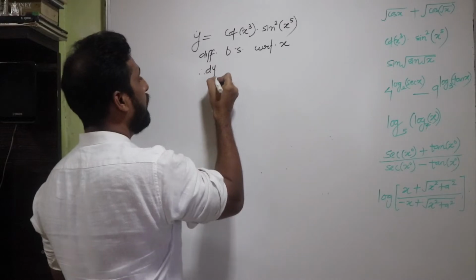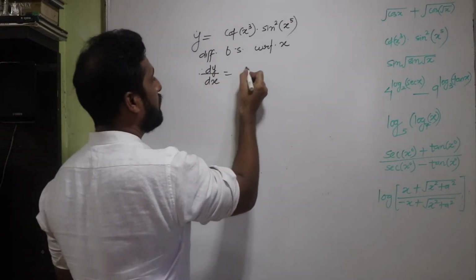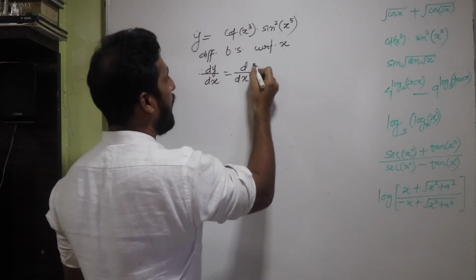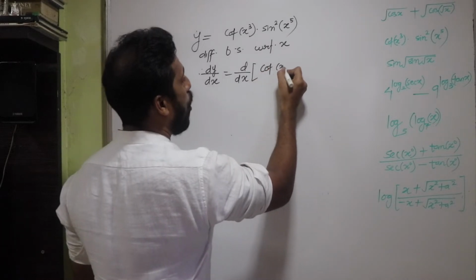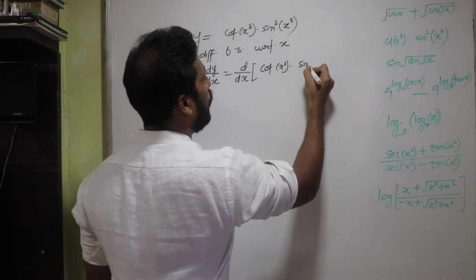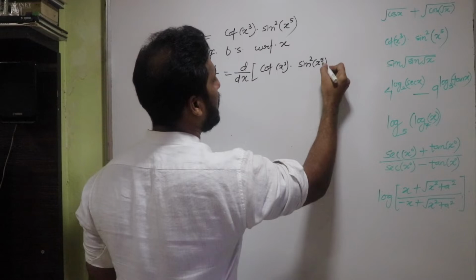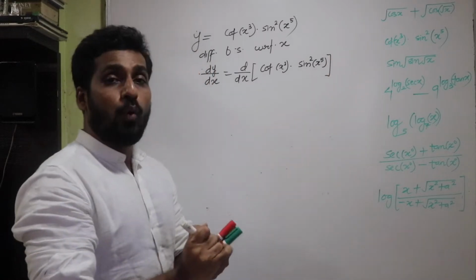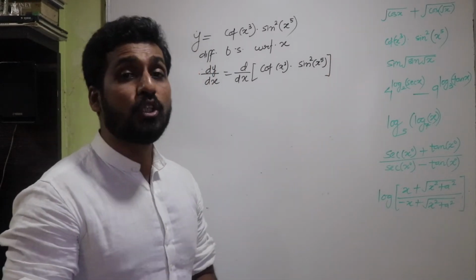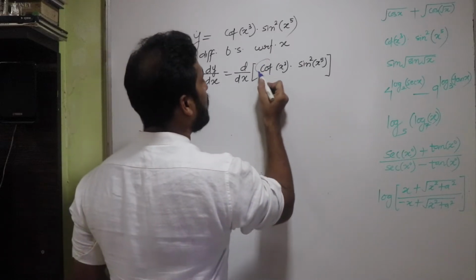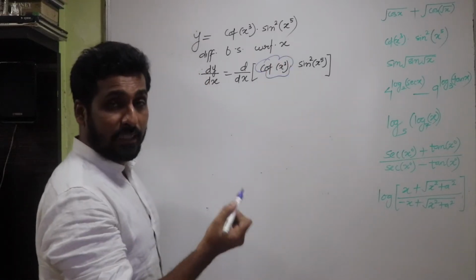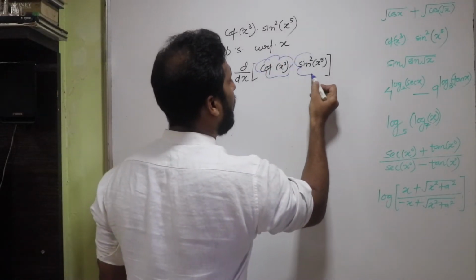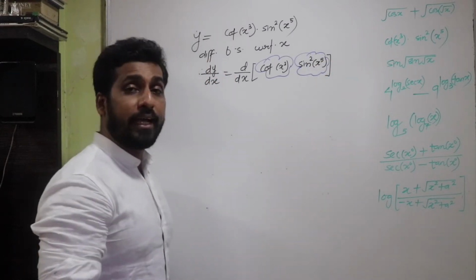So I get dy by dx is equal to d by dx of cot of x cube into sine square x raised to 5. Now you need to understand there are two different functions of x over here. The first function is cot of x cube, isn't it? That is a function of x, and the other one is sine square of x raised to 5.